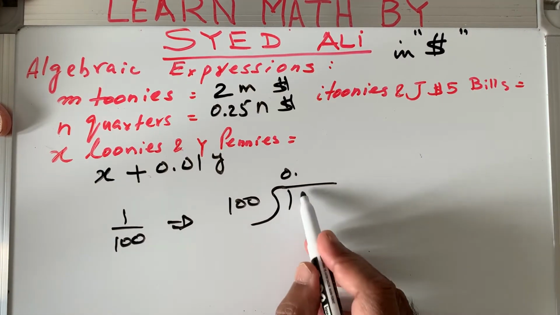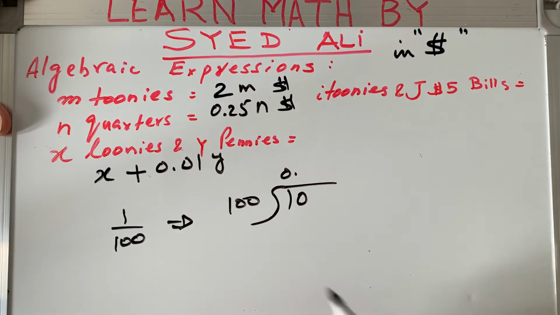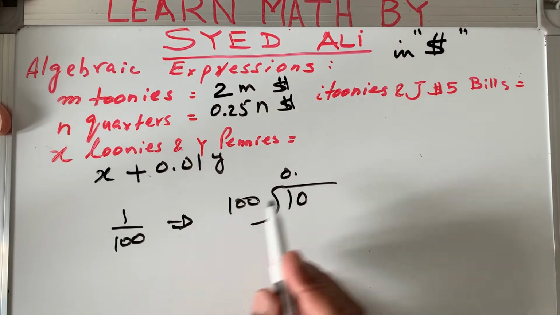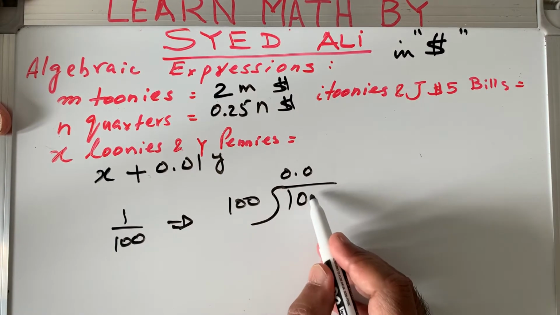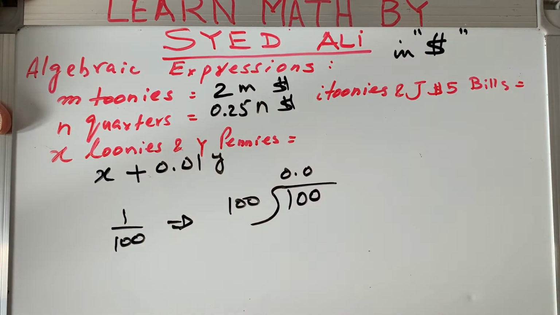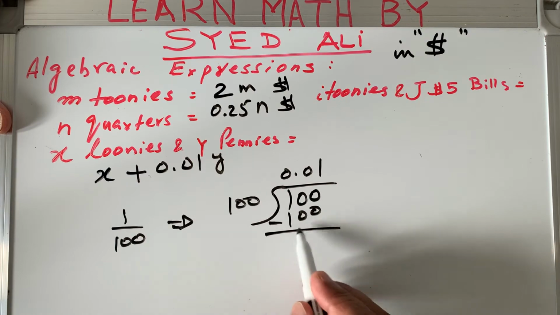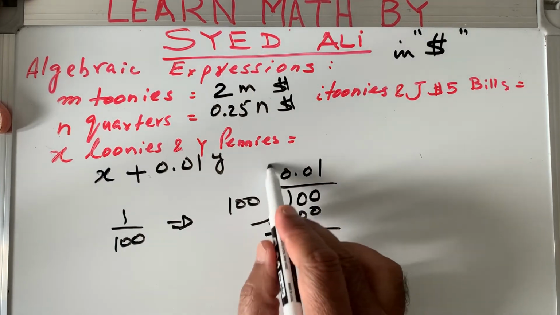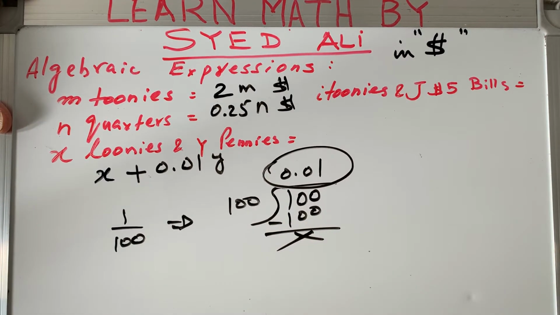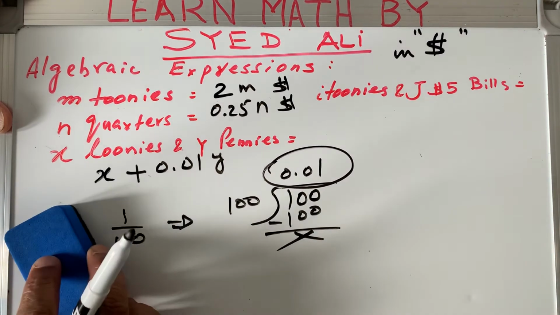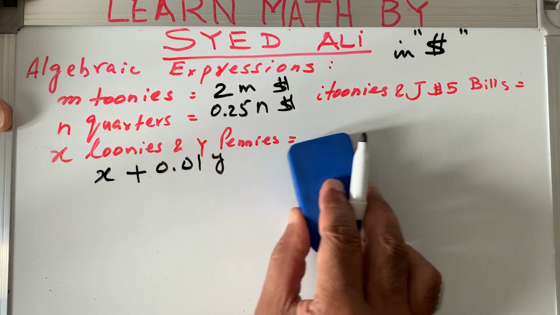So we put a decimal and bring a 0. Now it's still not going into 100. So I have to put a decimal and a 0, so I have another 0. Now it goes in 1 time. So 100 times 1 is 100. So I'm done with the division and I have 0.01.